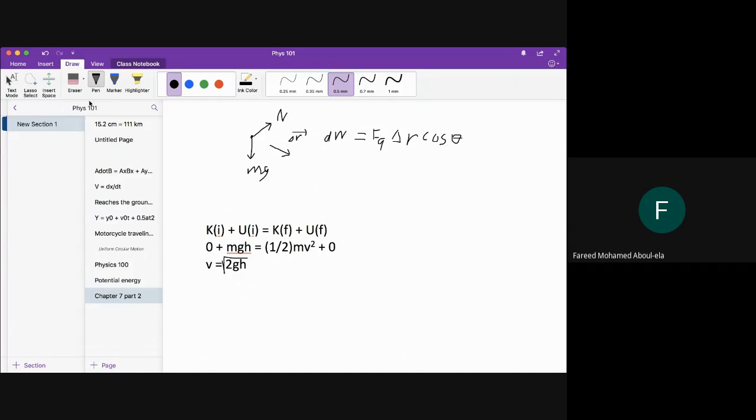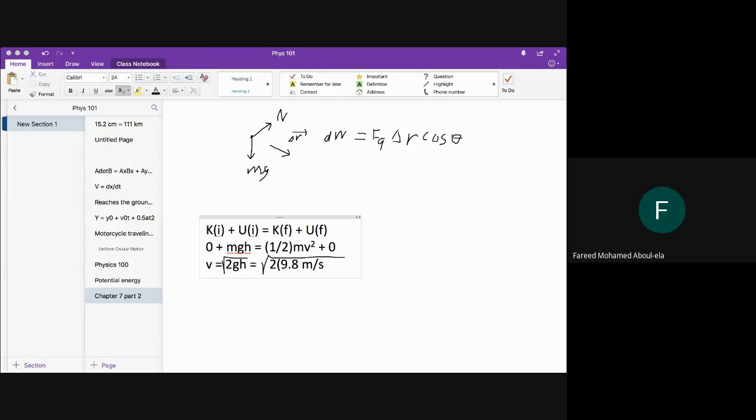Okay, so now in this case we had the square root of two times 9.8 meters per second squared, and then multiplied by 4 meters.